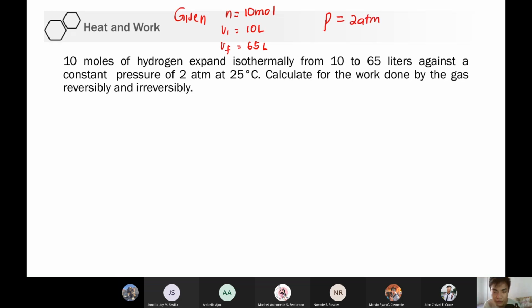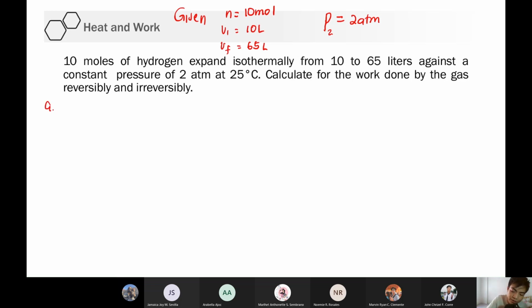So yung constant pressure yung gagamitin natin. Calculate for the work done by the gas. Nilagyan ko siya ng 2 kasi ito yung final pressure. Although constant yan, pero yan yung final pressure. Calculate for the work done by the gas reversibly and irreversibly.